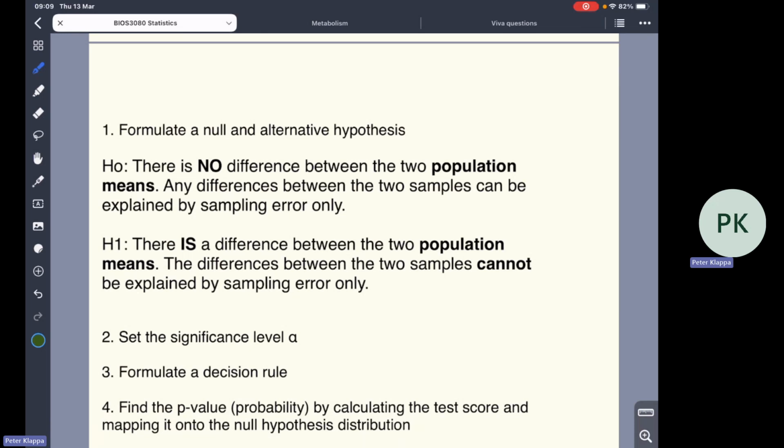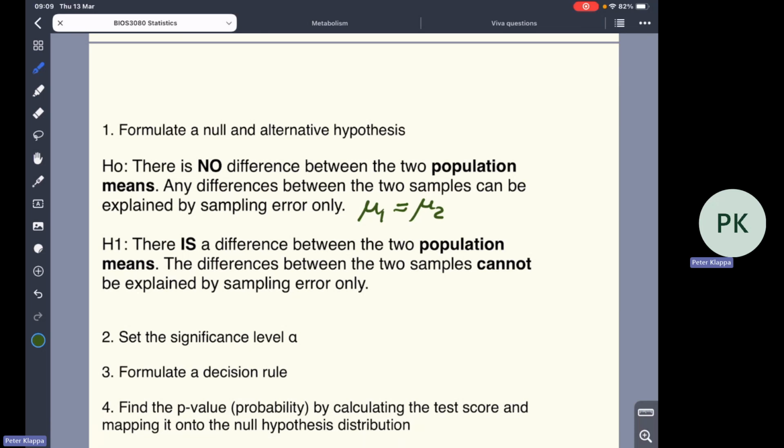Any difference between two samples can be explained by the sampling error only. So we can write the population mean without the drug equals the population mean with the drug. Yeah, that is mathematically how we can write this null hypothesis.